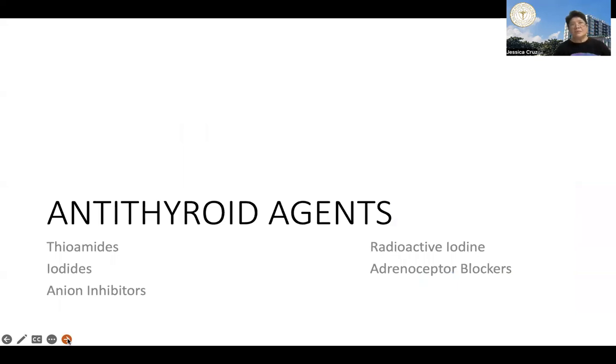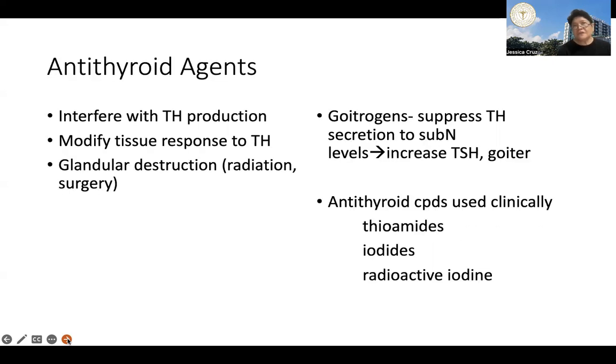What if you are hyperthyroid? So you have on the slide the list of the various antithyroid agents. These are agents that can interfere with thyroid hormone production or modify the response of tissues to thyroid hormone. We can do interventions leading to glandular destruction, so radiation or surgery, removal of the thyroid.